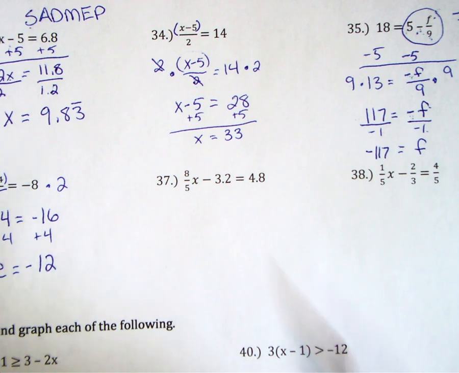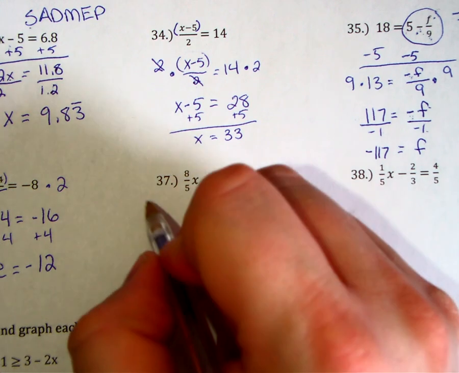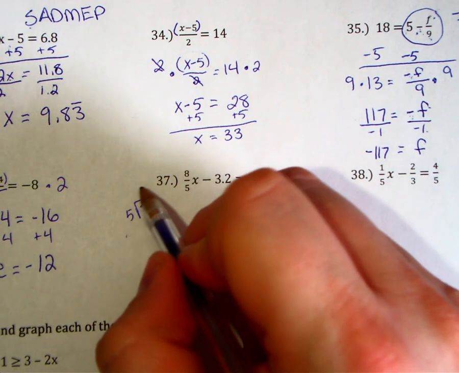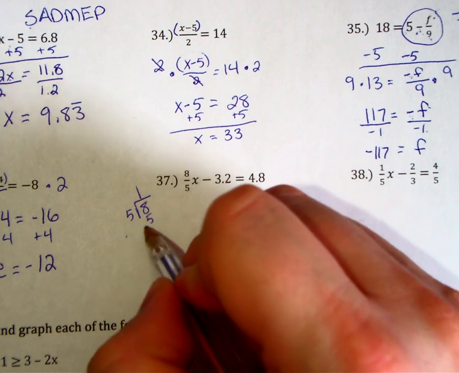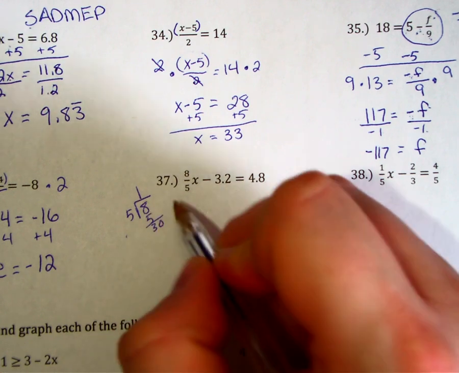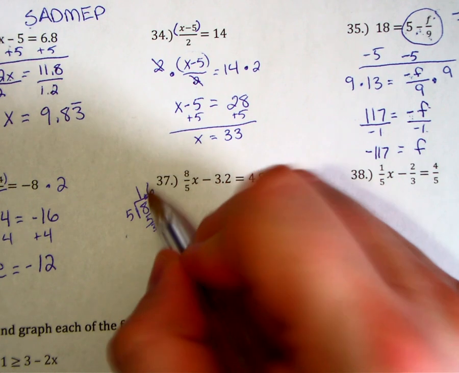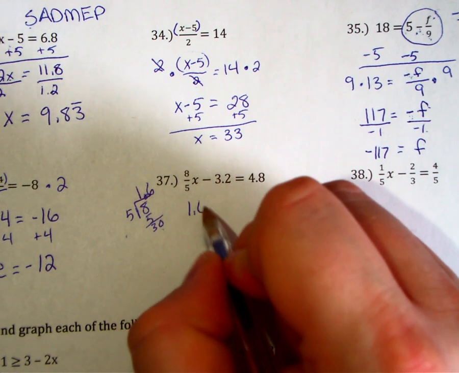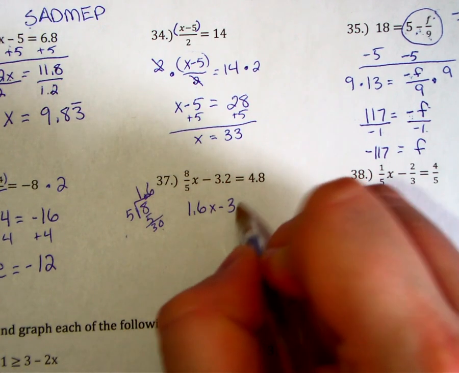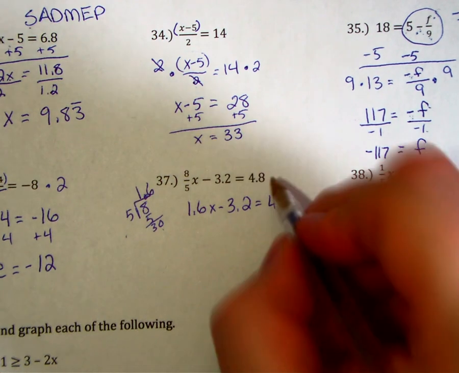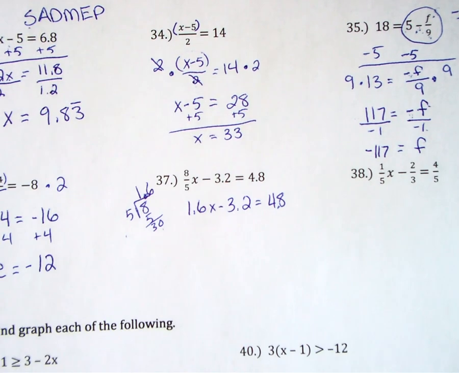So I'm going to go ahead and change this 8/5 into a decimal. So 8 divided by 5. 5 goes into 8 one time. Now 5 goes into 30 six times, so we have 1.6x minus 3.2 equals 4.8. That's just going to simplify the problem a bit.